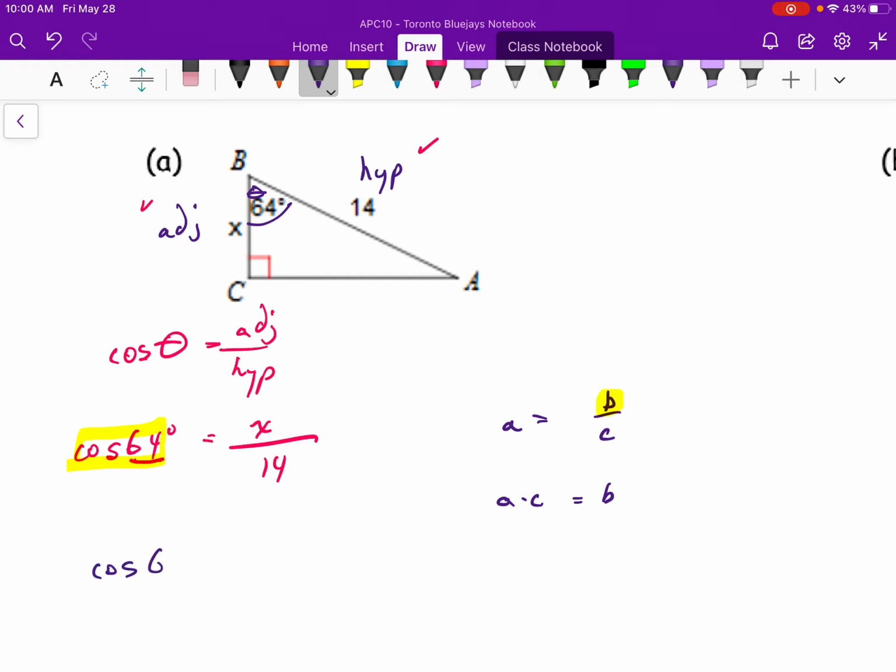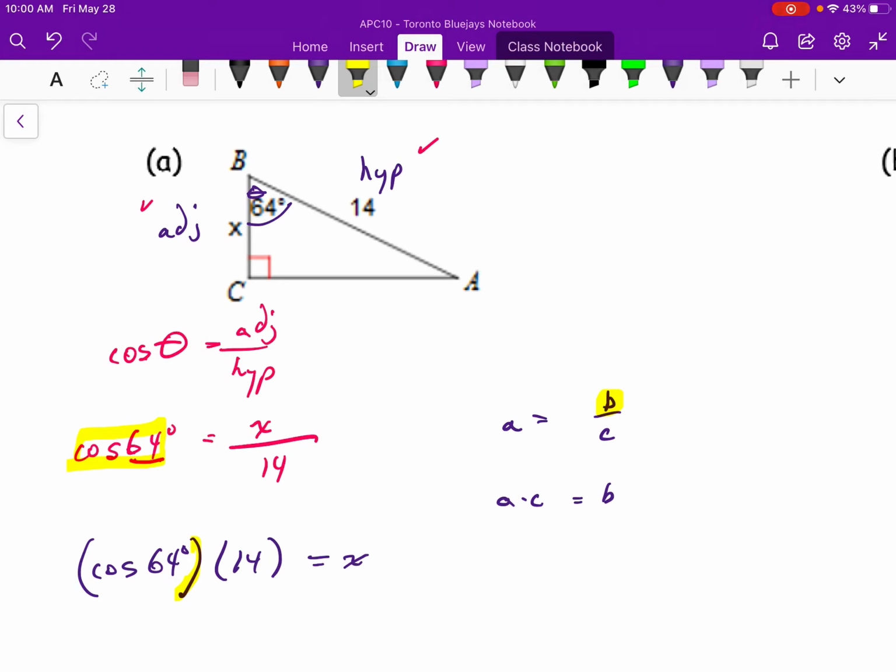And so cosine of 64 degrees, I'm going to make sure that's put into brackets, times 14 is equal to x. Now, depending on your calculator, make sure you figure out this cosine of 64. I know that in my calculator, I have to make sure that I close off the bracket.